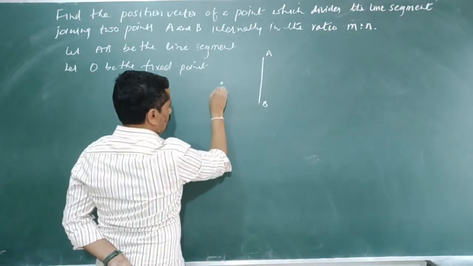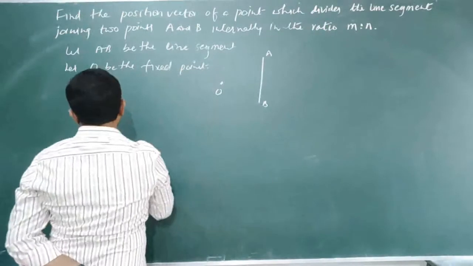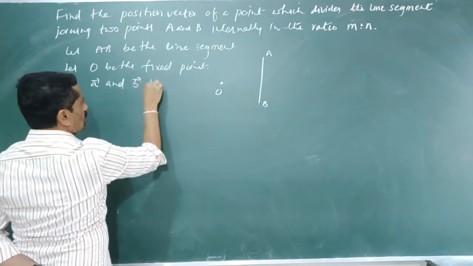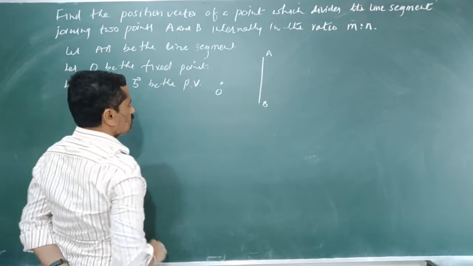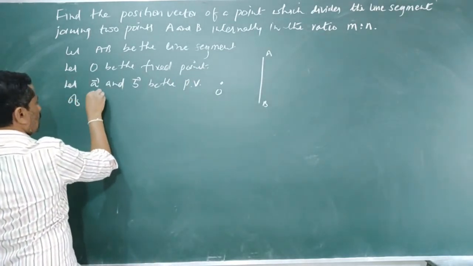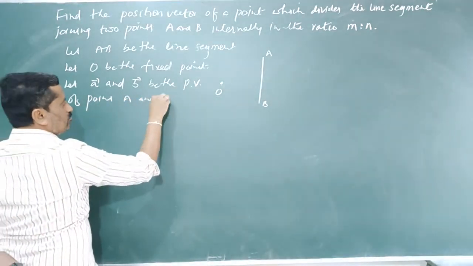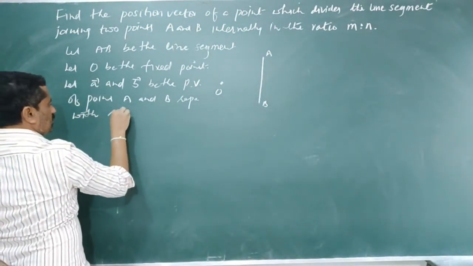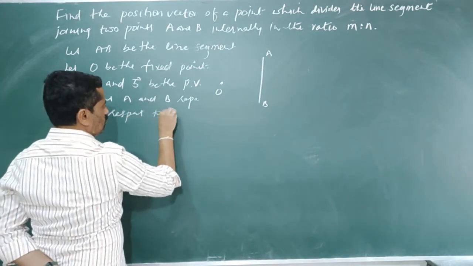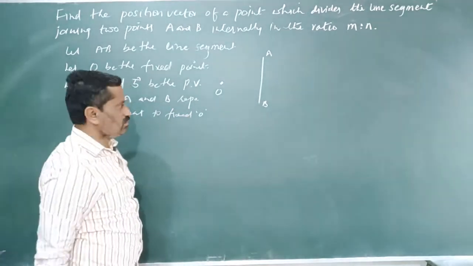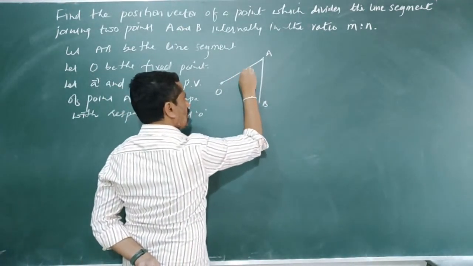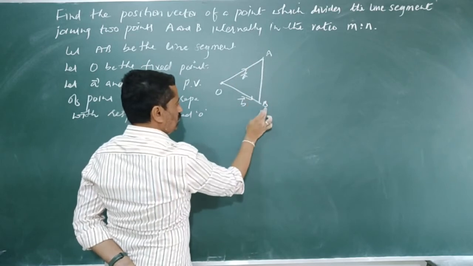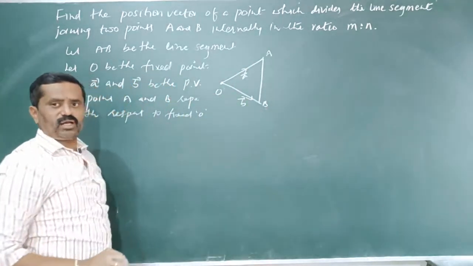Again let A bar and B bar be the position vectors of points A and B respectively with respect to fixed point O.